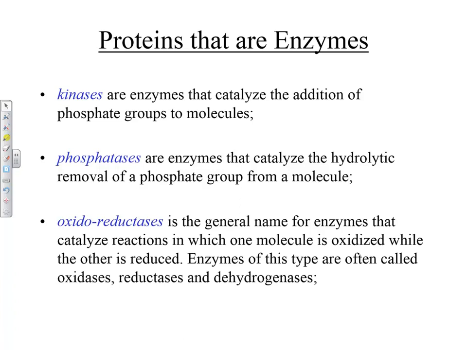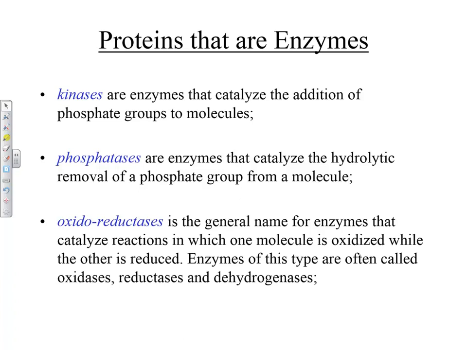Now we come to 2 other groups of enzymes which are very important in eukaryotic cells. Kinases are enzymes that will catalyze the addition of phosphate groups to molecules. So a kinase is always going to add a phosphate group. Phosphatase will go and remove a phosphate group. In eukaryotic cells, the activity of genes can be turned on and off by adding a phosphate group to a particular protein or taking a phosphate group off from a particular protein.